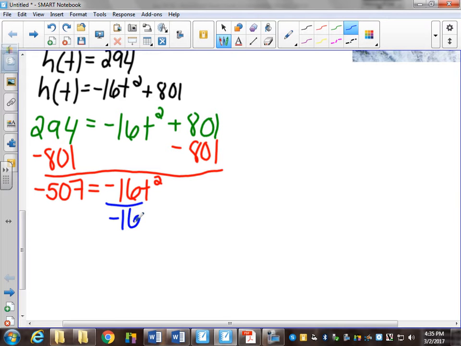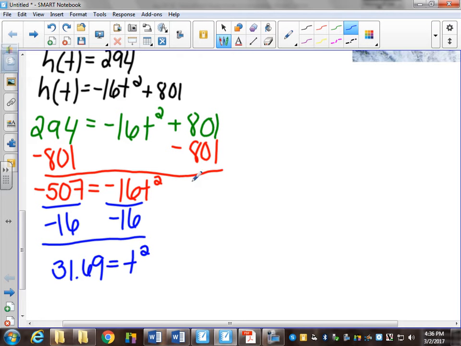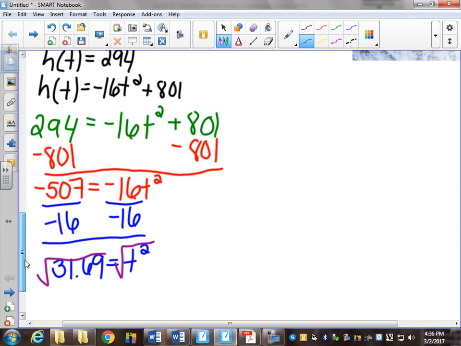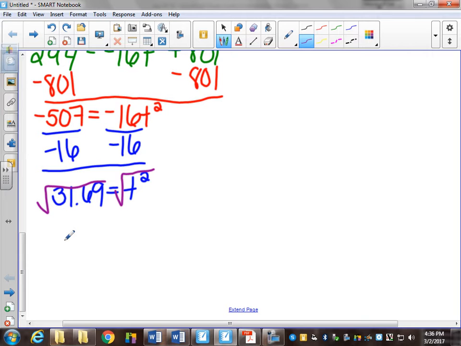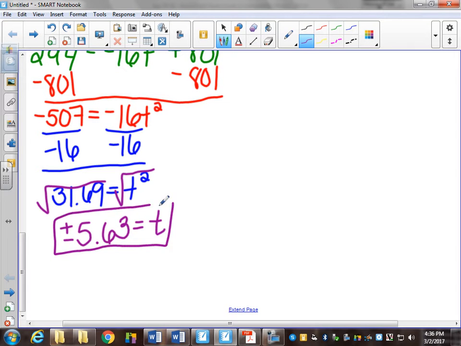Divide by negative 16. You're left with 31.69 equals t squared. In order to get rid of the squared, doing the opposite, take the square root. The square root of 31.69 is 5.63. t equals plus or minus 5.63.